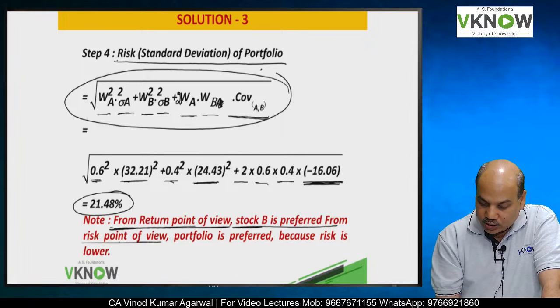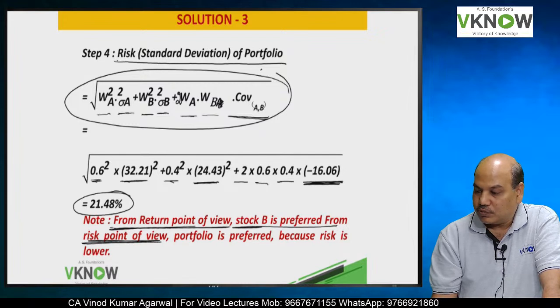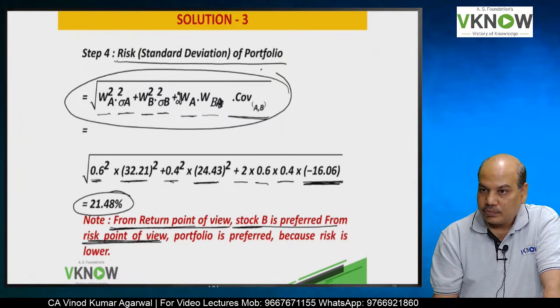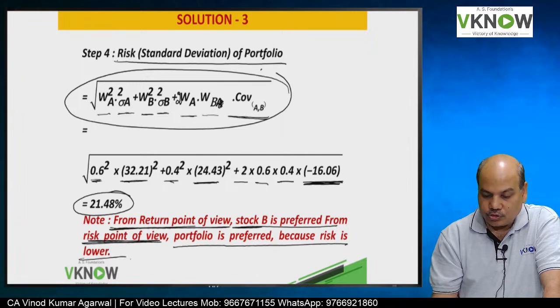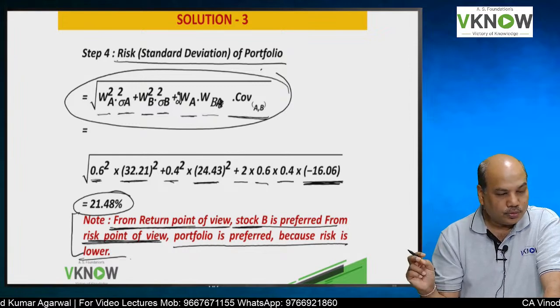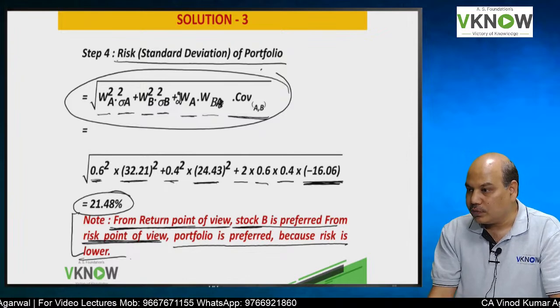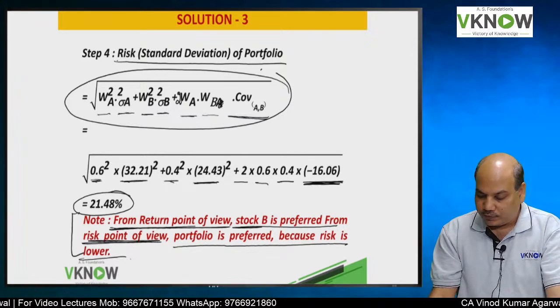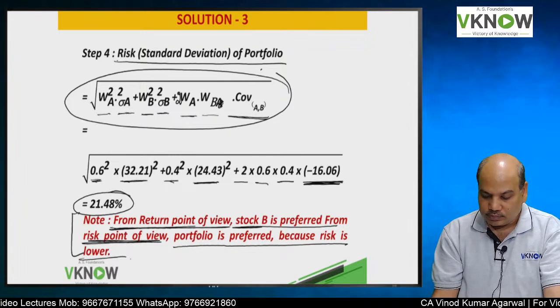But if you are looking at risk, the option which has lower risk will be preferred. So in that case the answer is portfolio because the risk is lower. So write down this note. From return point of view, stock B is preferred. From risk point of view, portfolio is preferred because portfolio risk is lower.